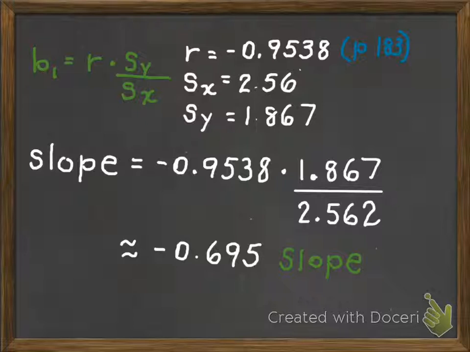So now I have all the values I need to substitute into the slope formula. I substitute these values where they belong into the slope formula and compute, and I get approximately minus 0.695 for the slope.